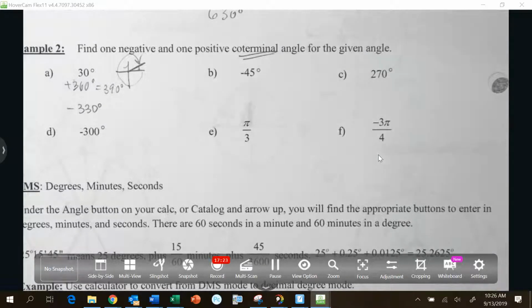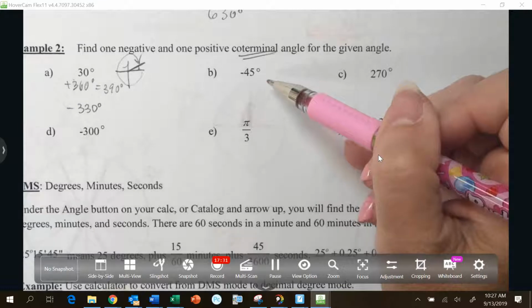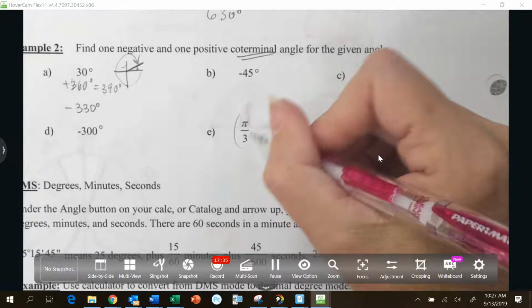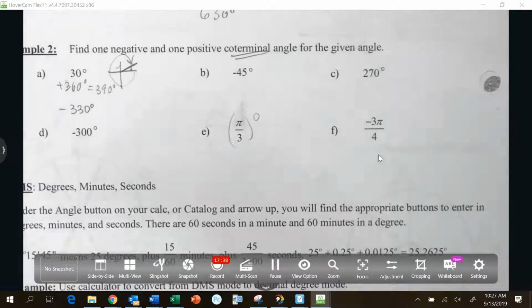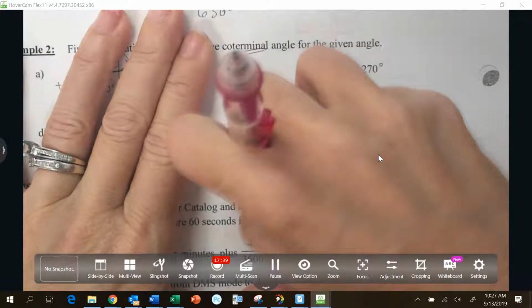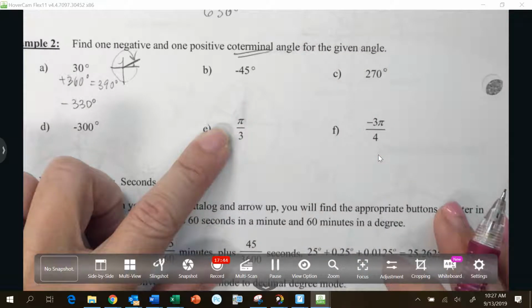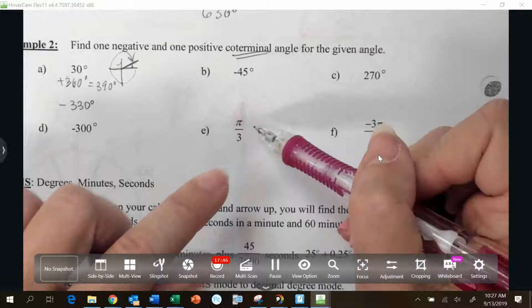Did you learn that last year? I know that this is not degrees, because if it's degrees, there will be a degree symbol. Don't write this, but I could do this, and then it would be degrees. We don't usually have that, but if it doesn't have a degree symbol, it is radians. So this one's radians.